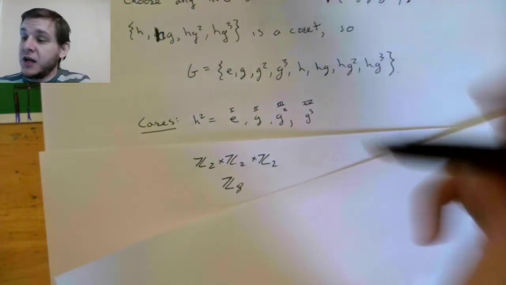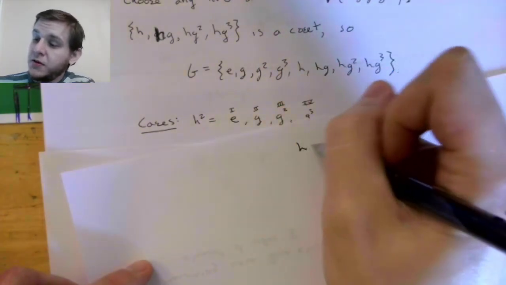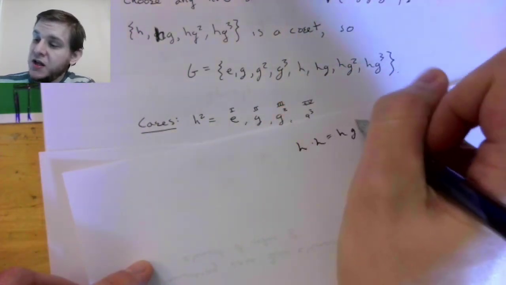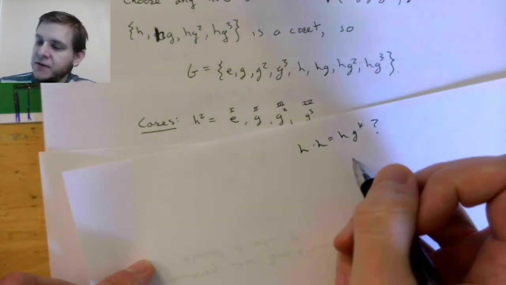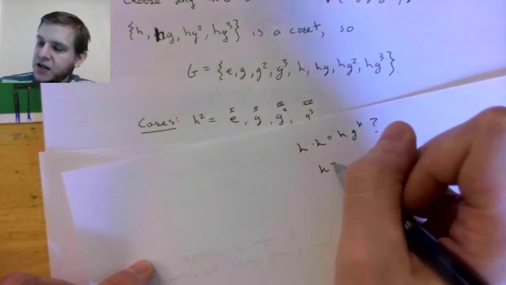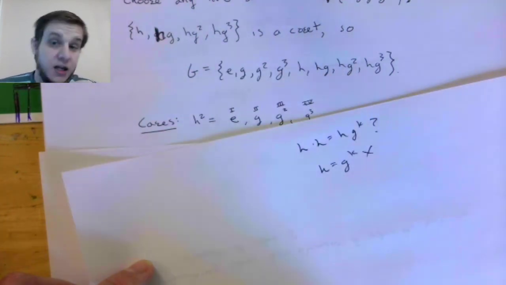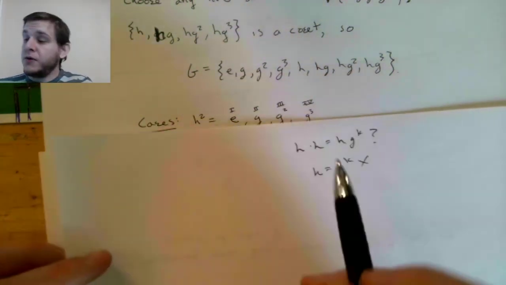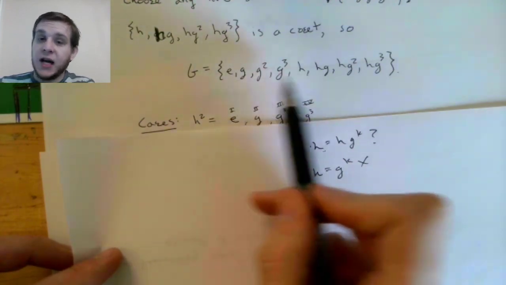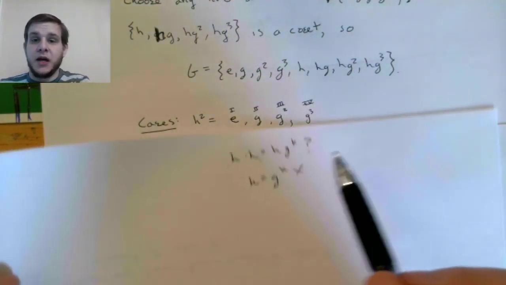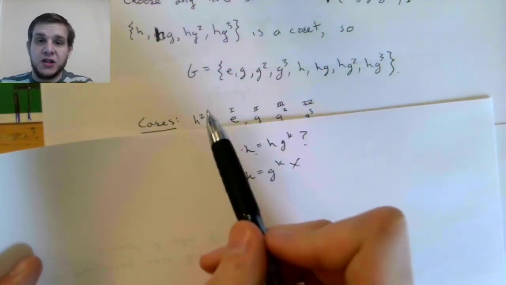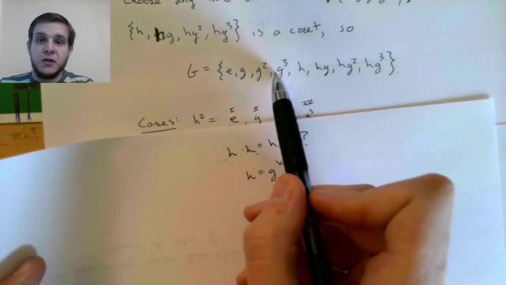And I know that h is not a power of g. What would happen if this were the case? Well, I could multiply by h inverse on the left on both sides to get that h is equal to g to the k, and this is not good. So I know that when I multiply h times h, it has to lie in the subgroup, and it can't be one of these. So h times h has to be one of these 4 elements.